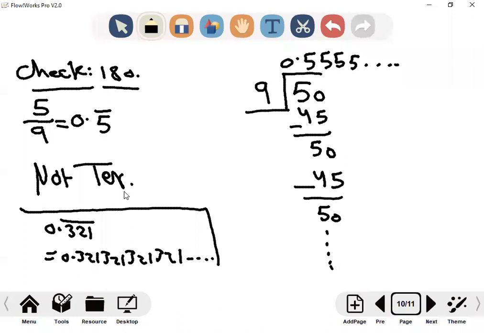No, you need to use long division. Not a calculator here, long division.